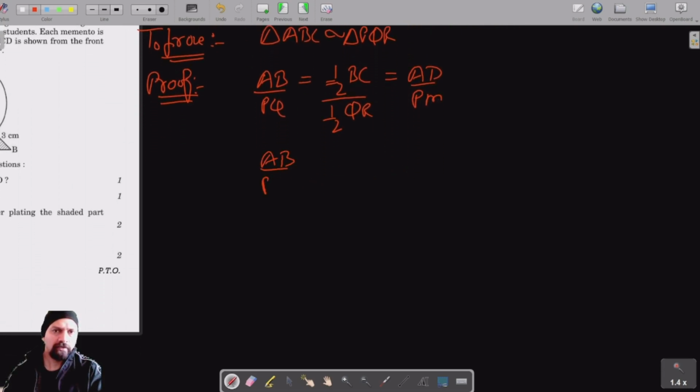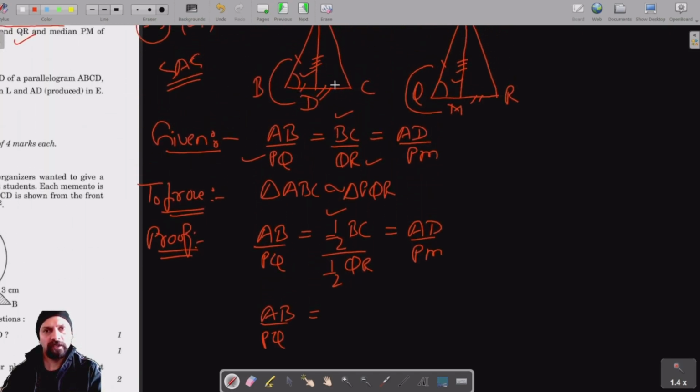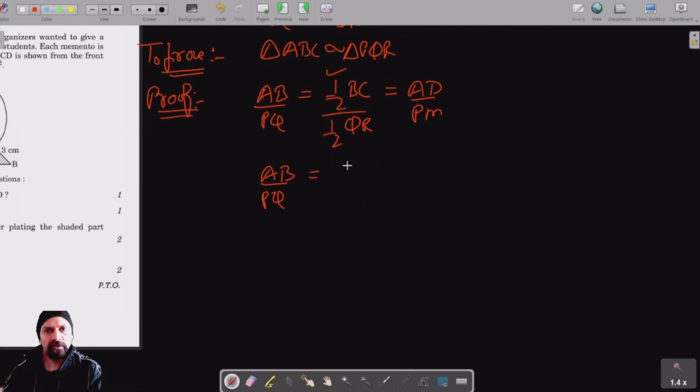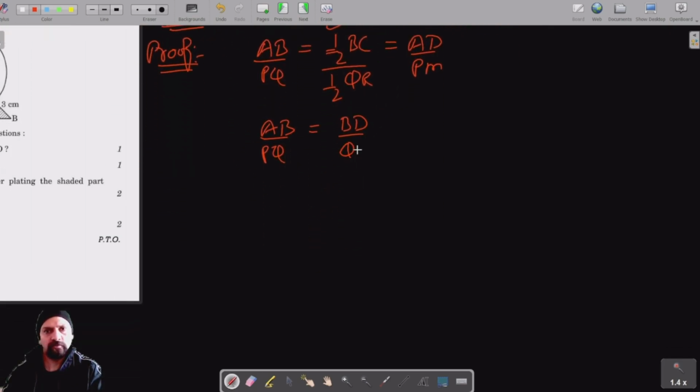So AB upon PQ. Now half of BC is BD as well as DC, but we will go with BD. So this is BD, and similarly half of QR is QM, and this is equal to AD by PM.